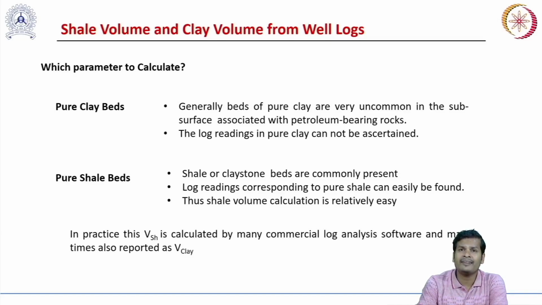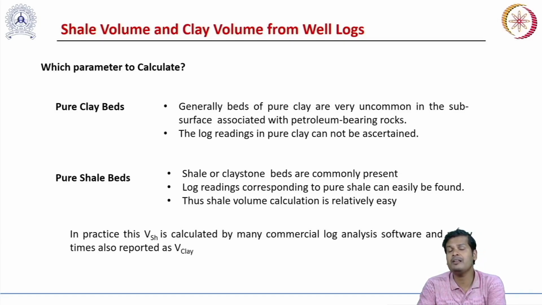The answer lies in what our objective is. Our objective is to calculate either shale volume or clay volume to help us in the interpretation of different log data, particularly the data of our density log and the neutron logging tool. So we must consider how the response of the density logging tool or neutron logging tool is affected by the presence of shale or clay.